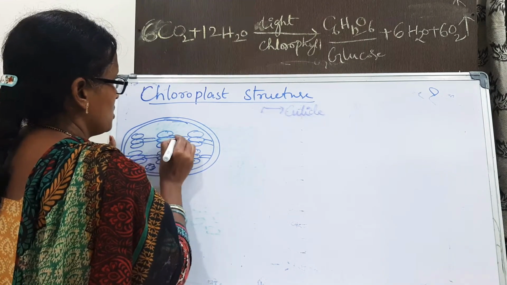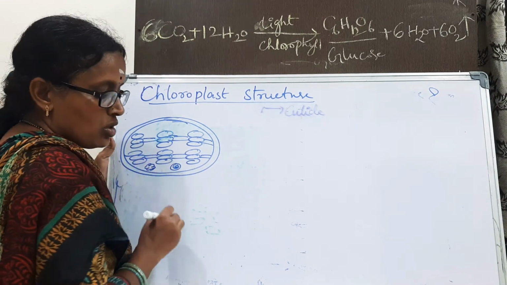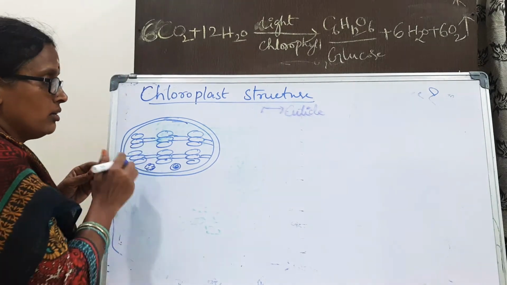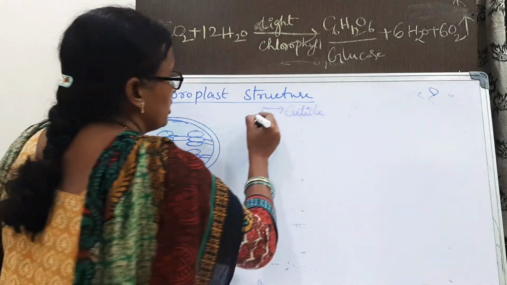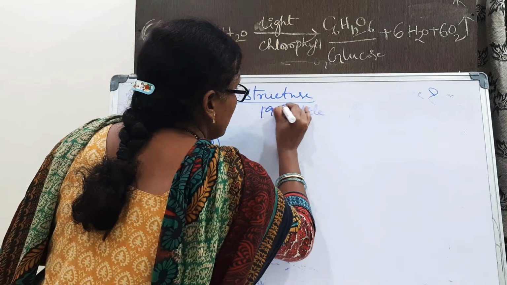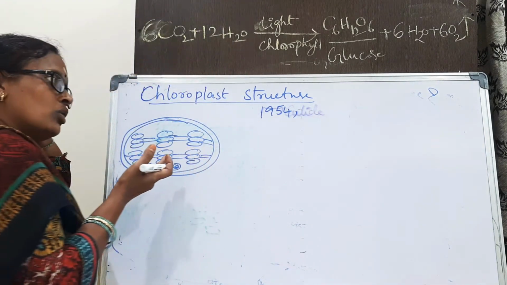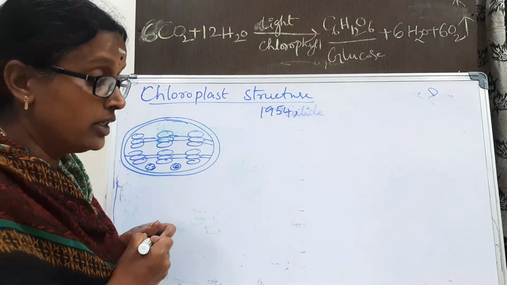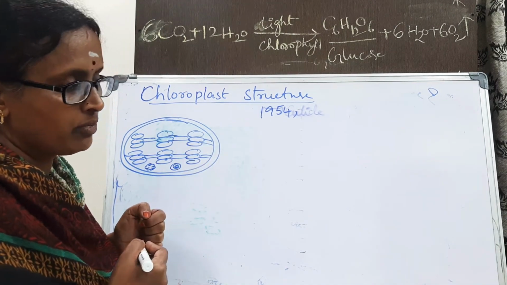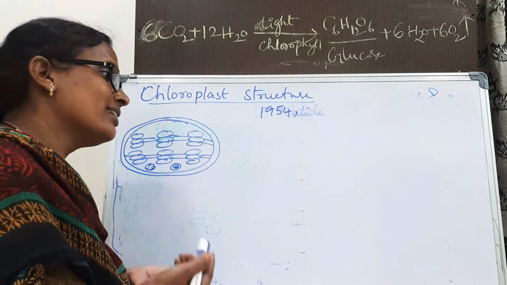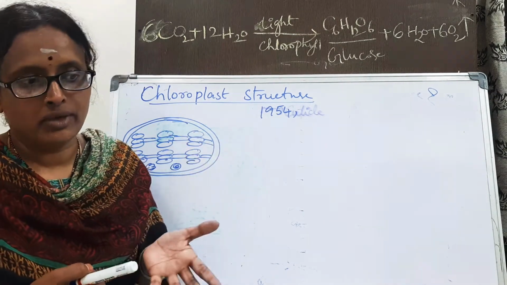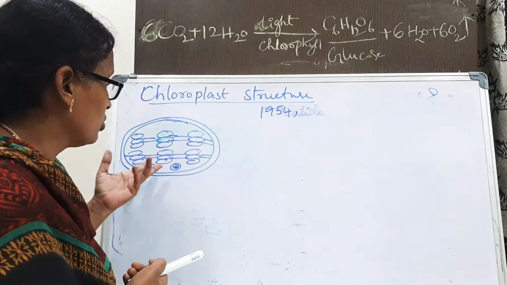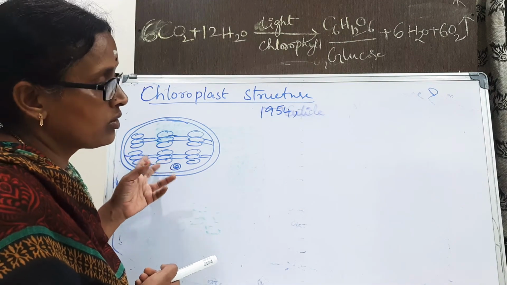So this is the diagram. And there is one scientist, in 1954. It is very difficult to observe all the parts of the leaf under the microscope, and the chloroplast is very minute. Then how can we know the structure without damaging the chloroplast?